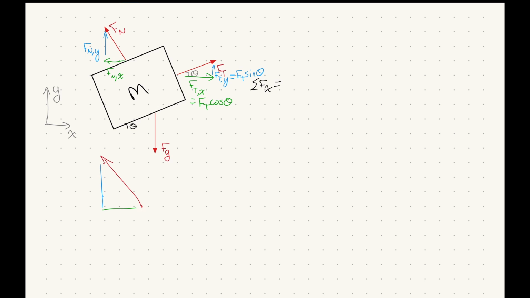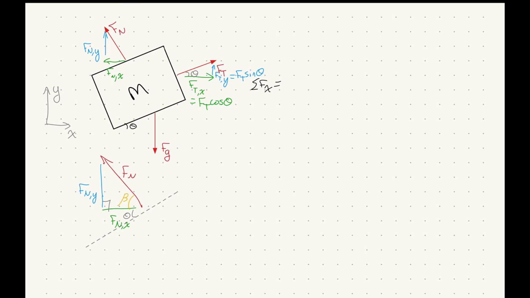We know that the x and y are going to make a 90-degree angle, and we know that the angle between the mass and the normal force in x is going to be theta, and that's due to the law of interior angles, which means we can do the same step of defining an arbitrary angle, and we'll call this one beta.